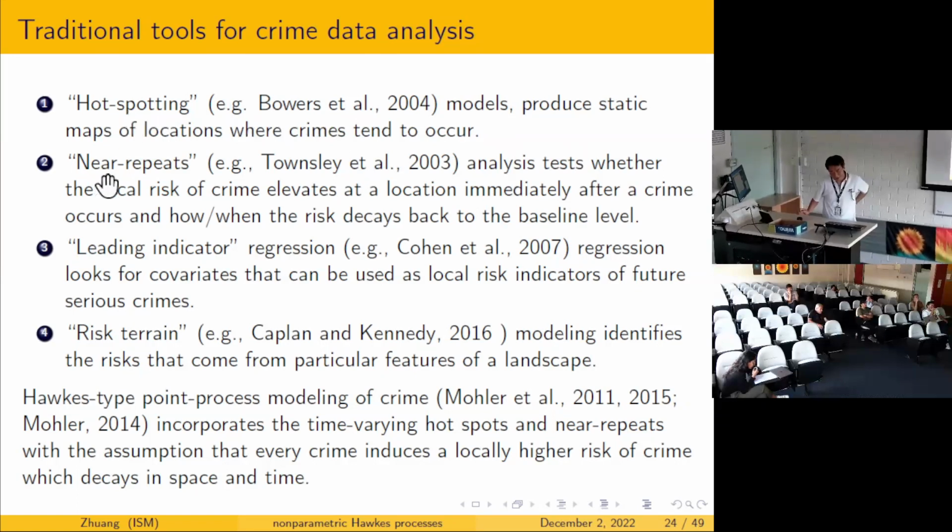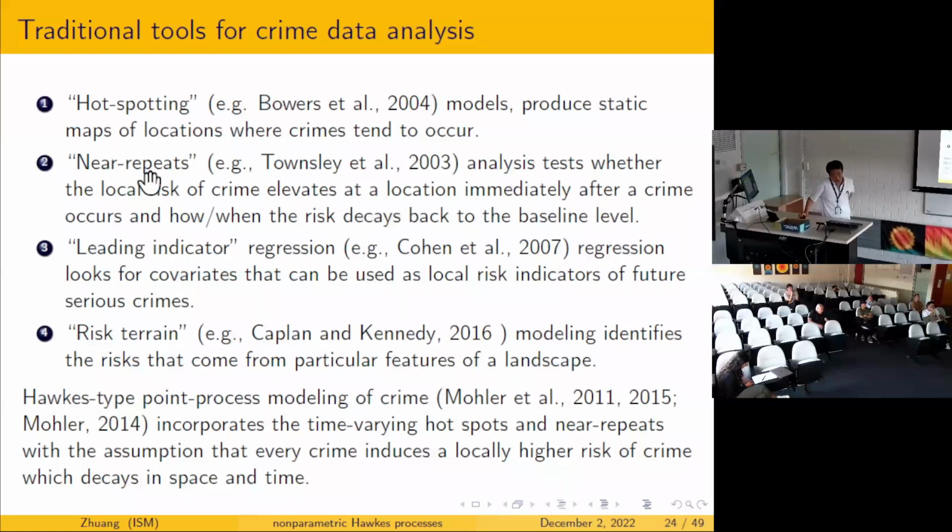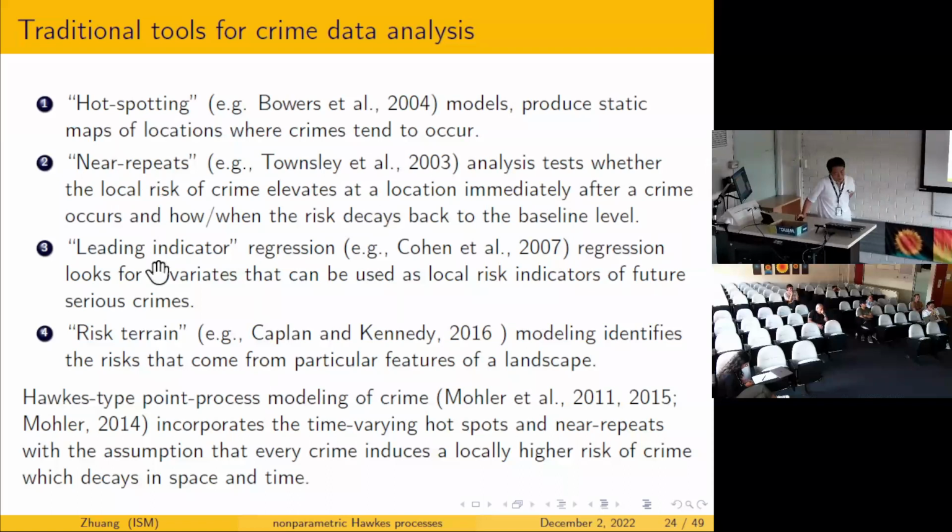They have another one called near repeat. It is a model where once we have a crime in one location, it is more likely that another crime will happen shortly nearby.